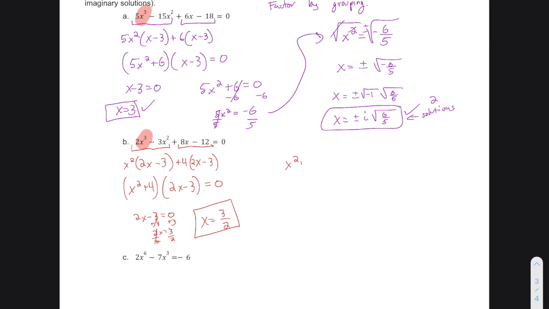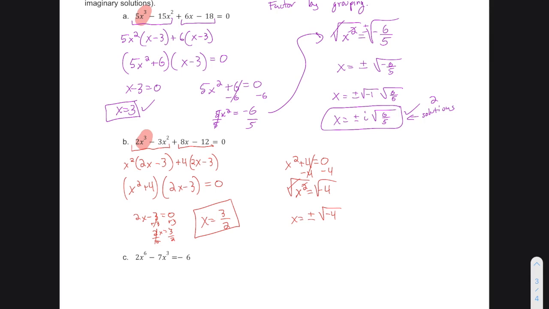So we set x squared plus 4 equal to 0. We subtract 4 from both sides of the equation, and we get x squared equals negative 4. Okay, so we can expect to see imaginary solutions. We have x squared resulting in a negative number. When we take the square root of both sides, we want to remember that we end up with x equals plus or minus the square root of negative 4.